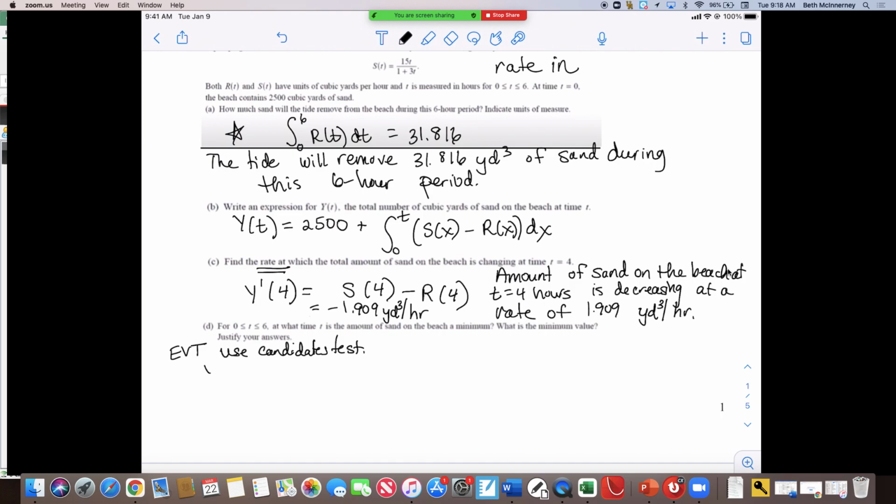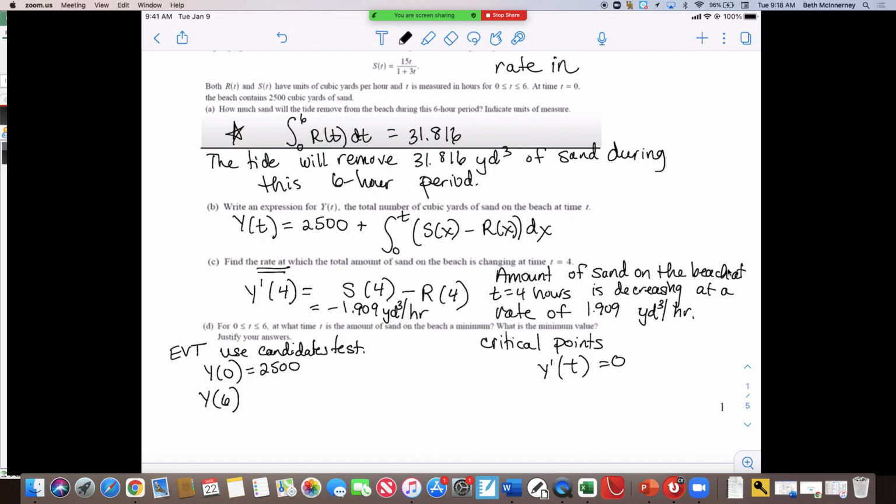So I'm going to need to do y of 0, which we knew was 2,500. We're going to need to do y of 6. And then we do need to find any critical points. And critical points are going to occur where y prime of t would be 0.